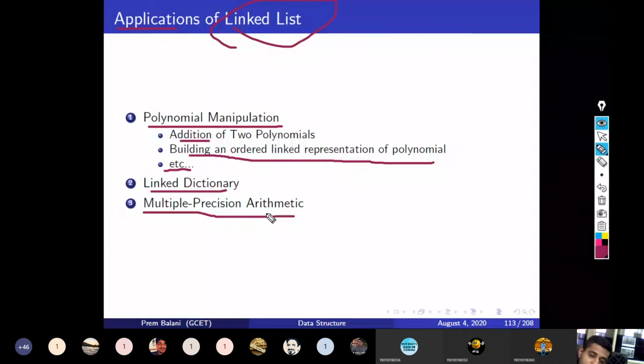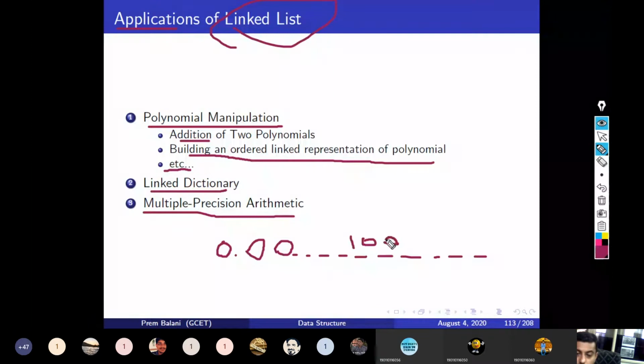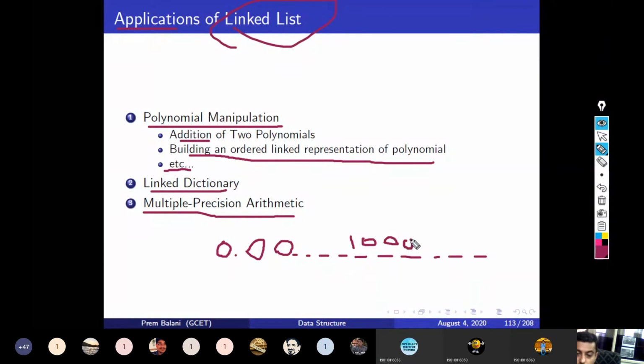For example, suppose you want precision up to 1000 decimal points, like 0.00 and such 1000 zeros.